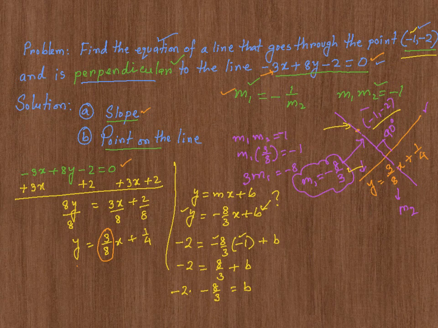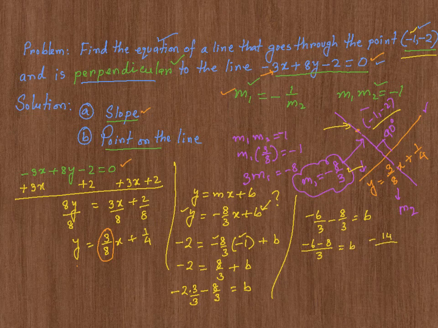I'm going to multiply 2 by 3 and divide it by 3 so that we have the same denominator. That gives me -6/3 - 8/3 = b, or (-6 - 8)/3 = b, or -14/3 = b.